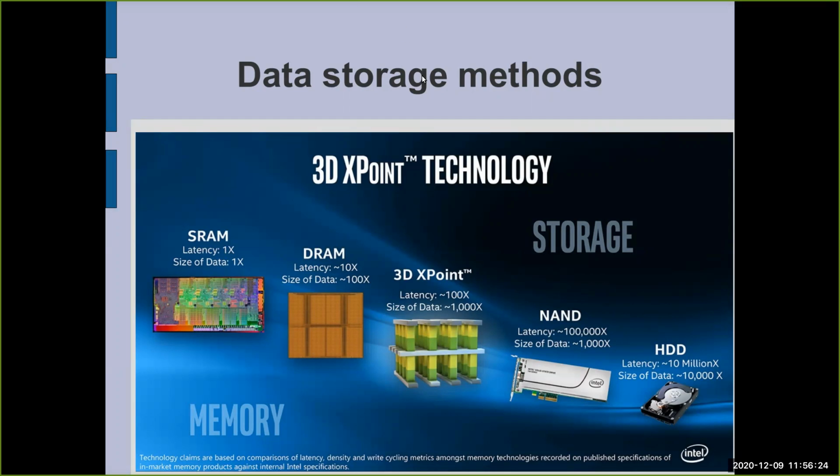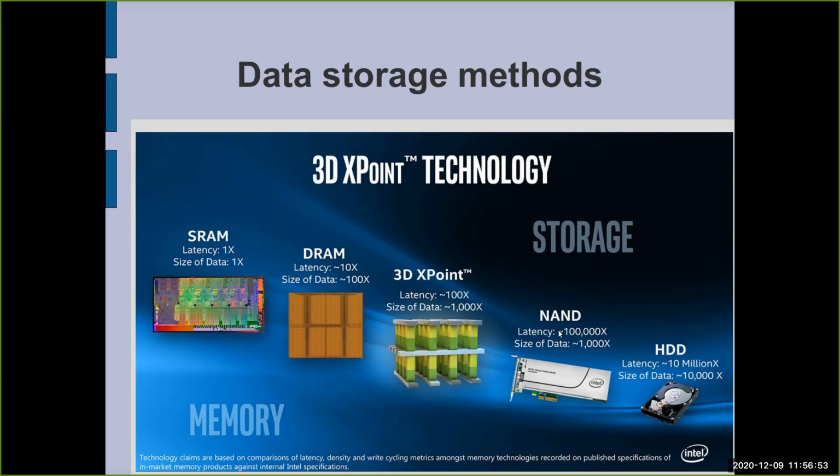You can see that there is a huge difference between the way data or bytes can be transferred in NAND, so in SSD, and in Optane. You will see that for random access operations, Optane works very fast. What about size?